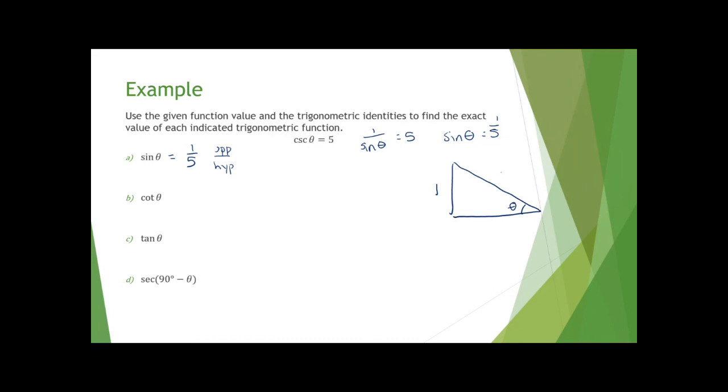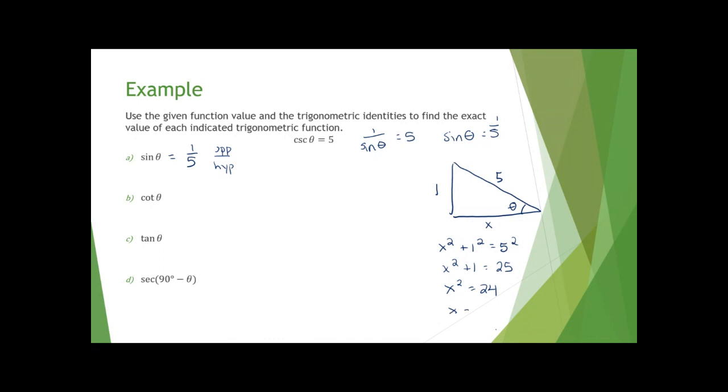So with that, I can now use the Pythagorean theorem to find my missing side. So I have x squared plus 1 squared equals 5 squared. So that's x squared plus 1 equals 25. So x squared equals 24.